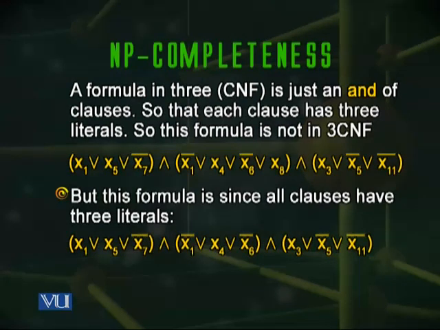On the other hand, the formula written below it is in 3CNF because all the clauses have 3 literals in it. The first clause is x1 or x5 or x7 bar. It has exactly 3 literals. Then that is ANDed with the second clause, which is x1 bar or x4 or x6 bar, which has exactly 3 literals. And that is ANDed with the third clause, which is x3 or x5 bar or x11 bar. So a formula in 3CNF is very simple. It has clauses that are ANDed together, and each clause is very simple.